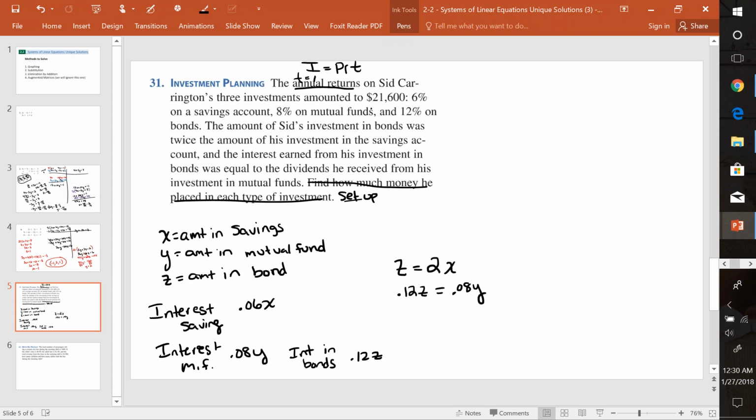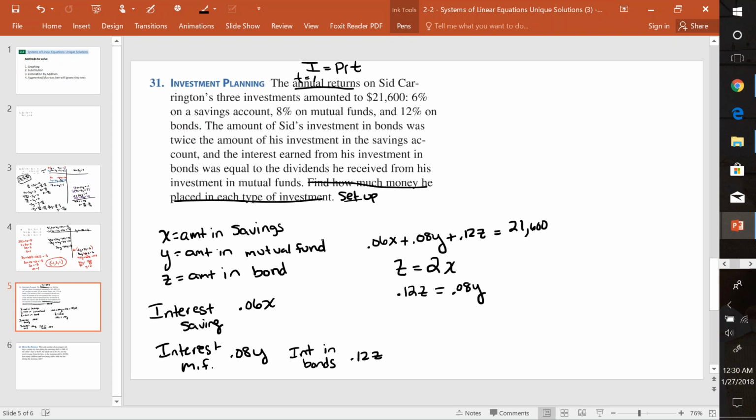Now the only thing we're missing is we haven't used this 21,600. That's how much all three investments added up to for the year. So that's adding all of these interests together. So 0.06x plus 0.08y plus 0.12z equals 21,600.